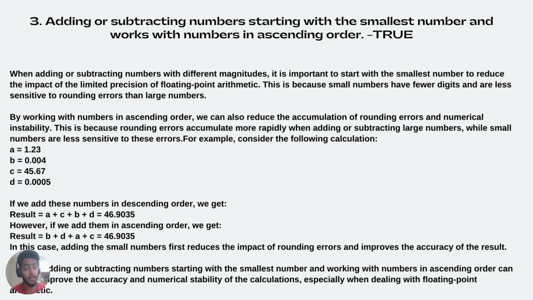But if we add them in ascending order, we again get the same result. But if we add the small numbers first, it reduces the impact of rounding errors and improves the accuracy of the results. So if we just start off with the small numbers, we can get some really accurate results, and it can be really helpful in some complicated calculations. Let's go on to the next question.